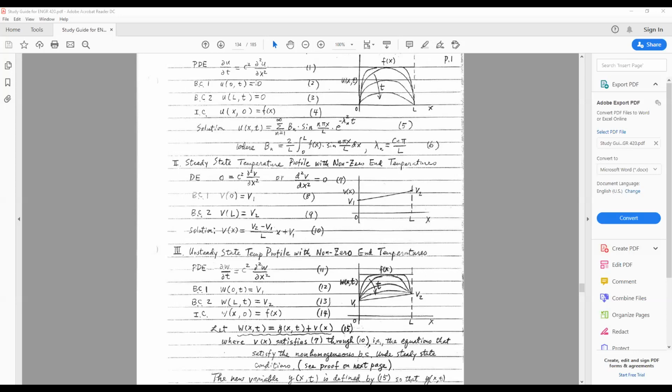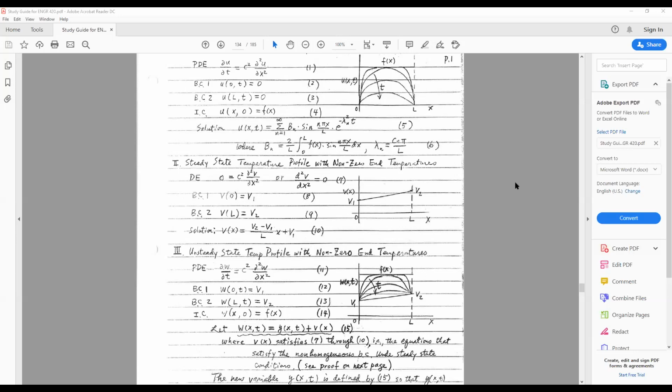If we have a constant here, then it's considered a non-homogeneous boundary condition. Can we still solve this problem? Because a student may ask, if we can solve only the problem involving 0 temperature at the two ends, what's the use?